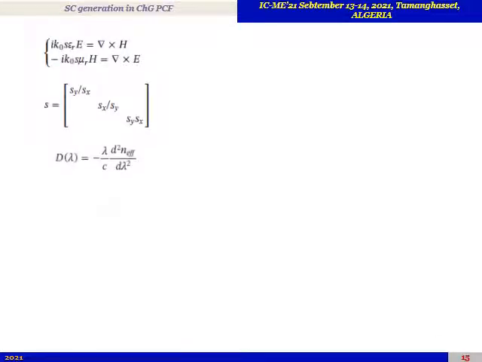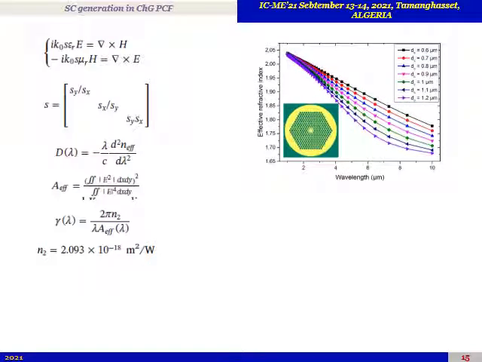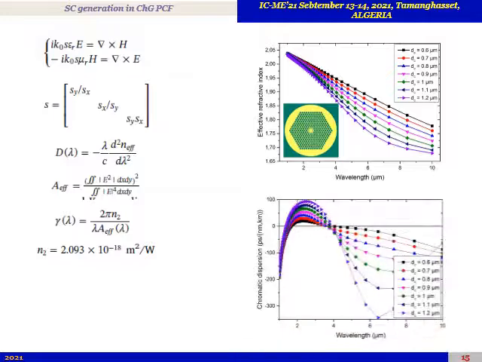The different guiding modes and the properties such as chromatic dispersion, the mode area, and Kerr coefficients are calculated based on Maxwell's equations and using the finite difference method. The impact of varying the core surrounding air holes on the optical properties is given by these figures.